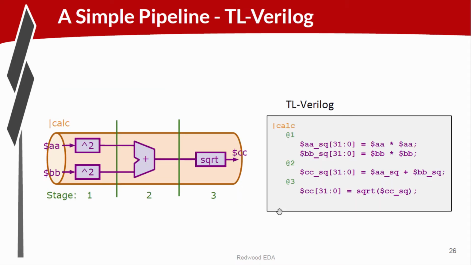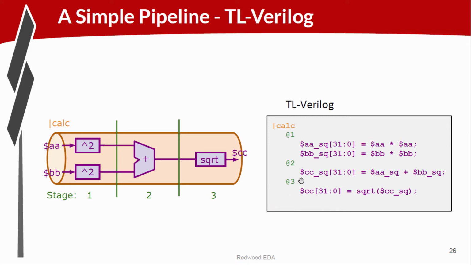Looking at the code for this, you'll see a very direct correlation between the picture and the code. We give ourselves in the code a calc pipeline. It has stages 1, 2, 3, and within those stages we have logic expressions. Very straightforward.